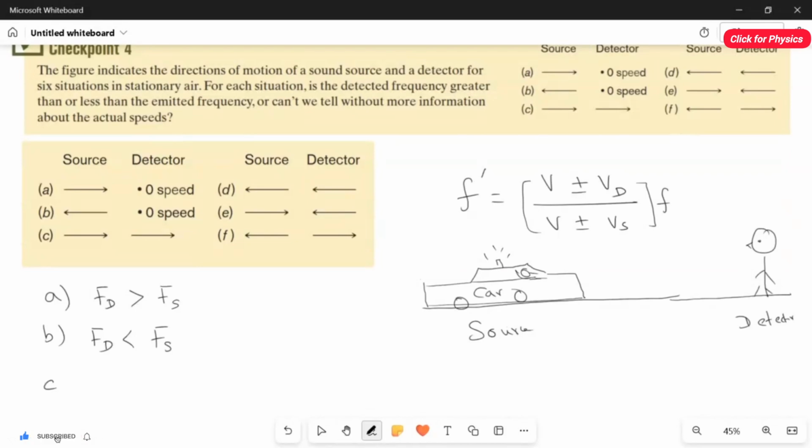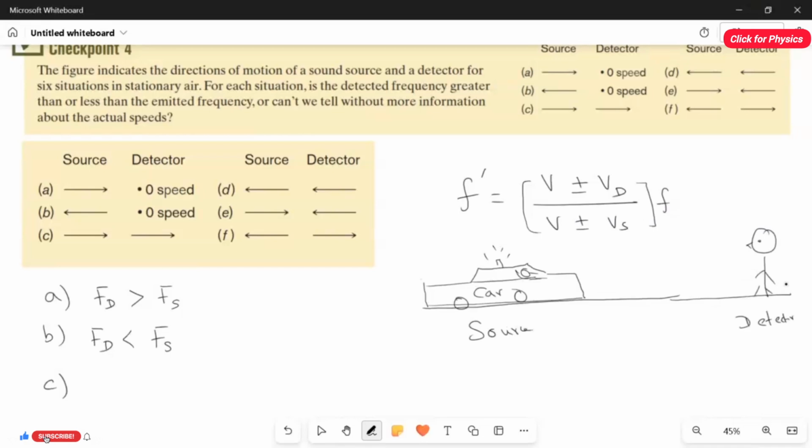When you come to the third case, you can see they mention both are moving. So this time the detector is not at rest. He is moving in the right direction, and the car is also moving in the right direction. But the most important thing here is that we don't have proper information, because the speeds matter. Clear? We don't know whether the detector's speed will be greater or the source's speed will be lesser.